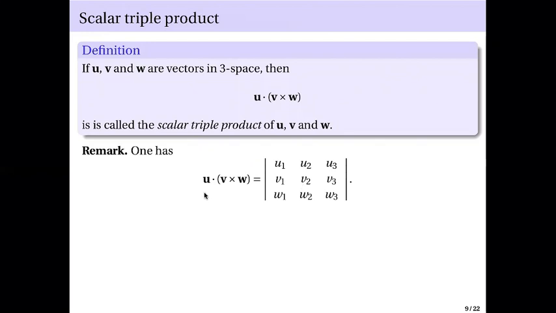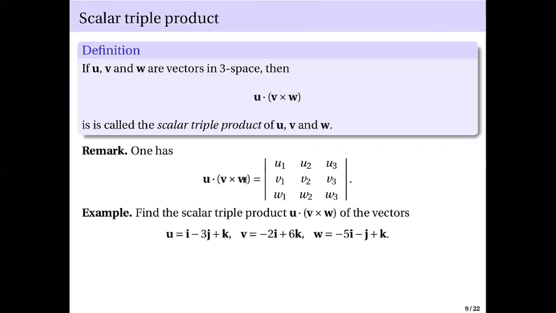The first row is the components of the first factor in the dot product, u. The second row is for the second factor, v. The third row is for your third factor. So we can calculate this easily using this determinant.